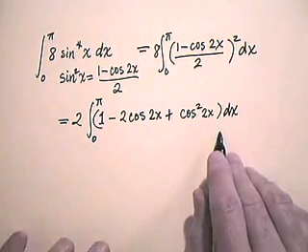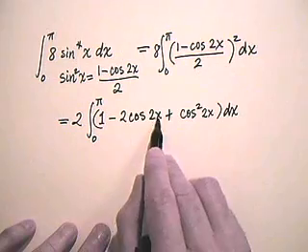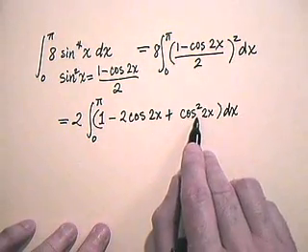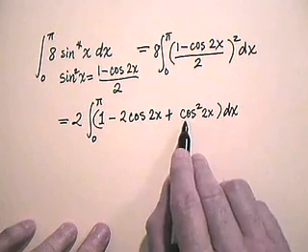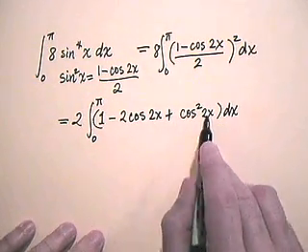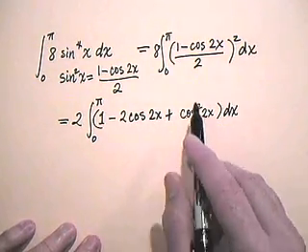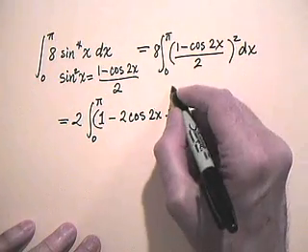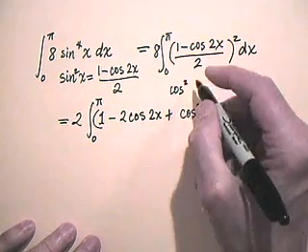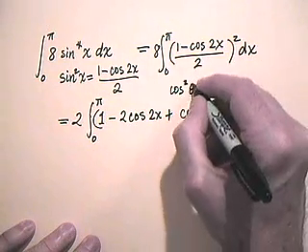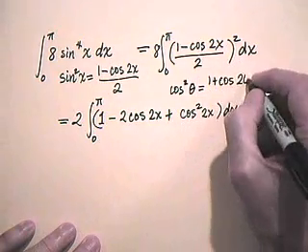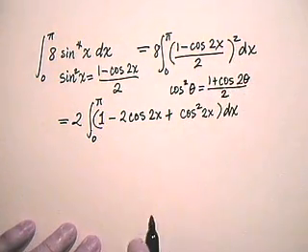And notice we can easily do this integral, but here I've got another even power of a sine or a cosine. In this case, I have cosine squared 2x. And so now I will use the double angle formula for cosine that says cosine squared of any angle theta is equal to 1 plus cosine 2 theta all divided by 2.